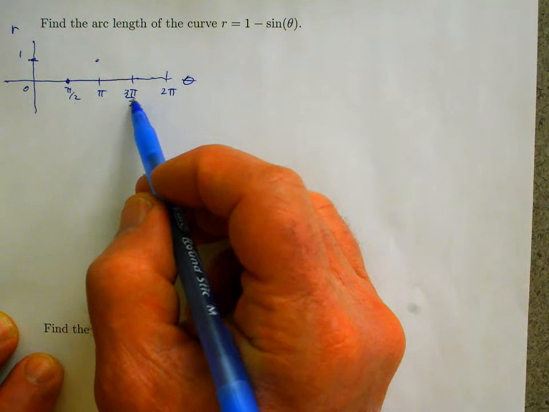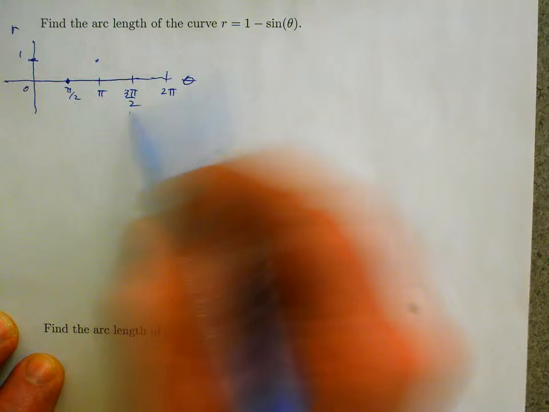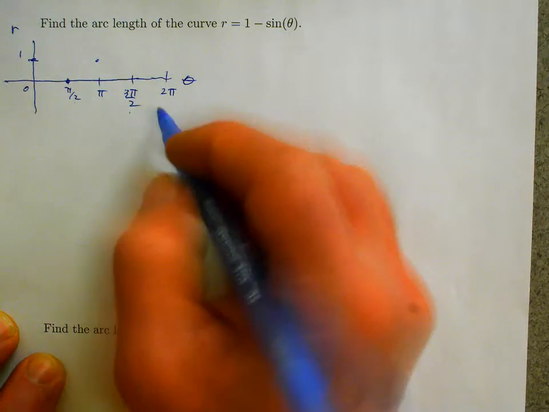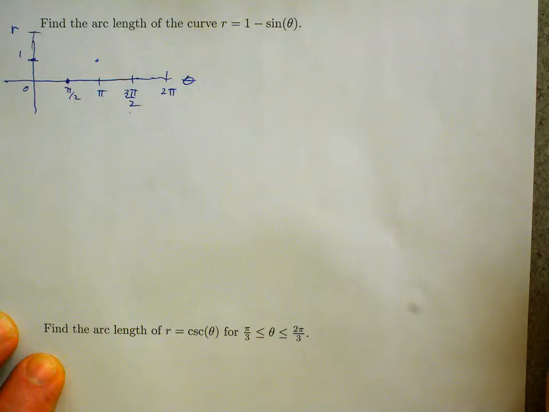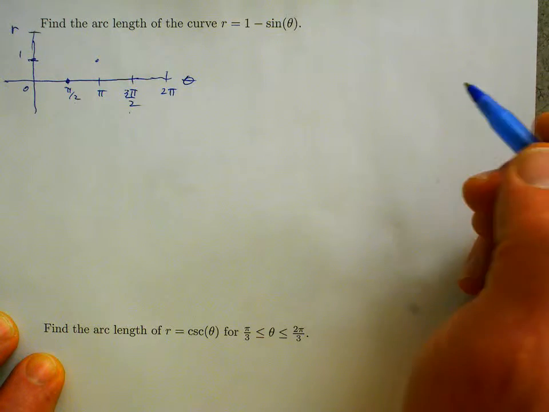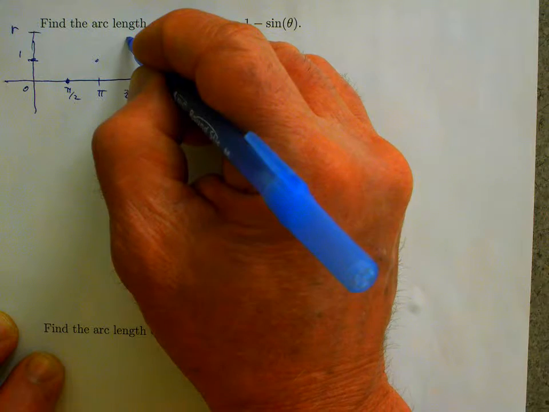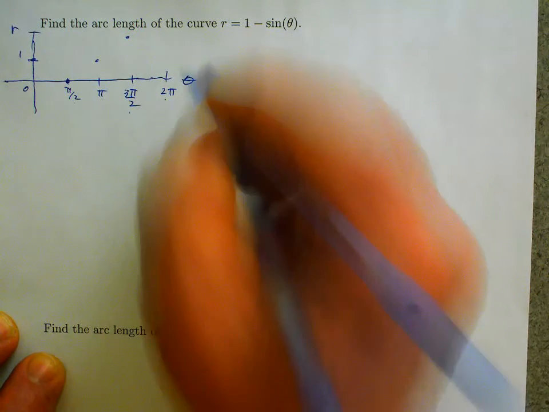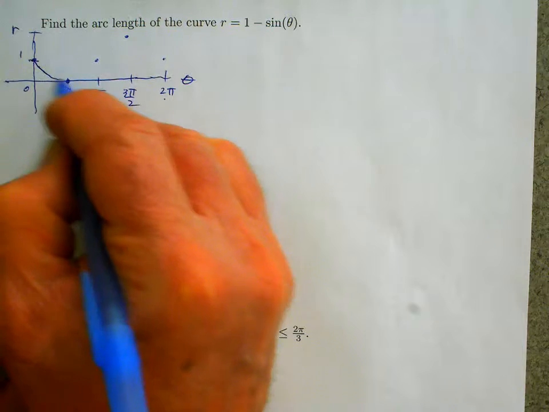At 3 pi over 2, sine of 3 pi over 2 is negative 1, so 1 minus negative 1 is 2. And then at 2 pi, we're back at 1. So the graph looks something like this.